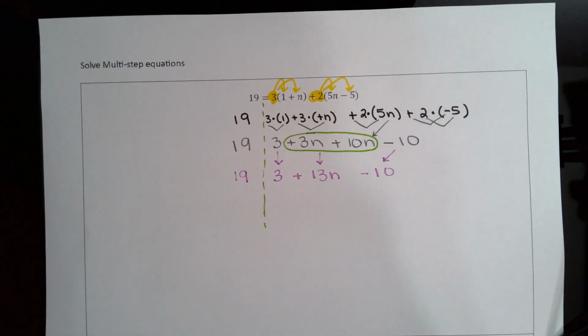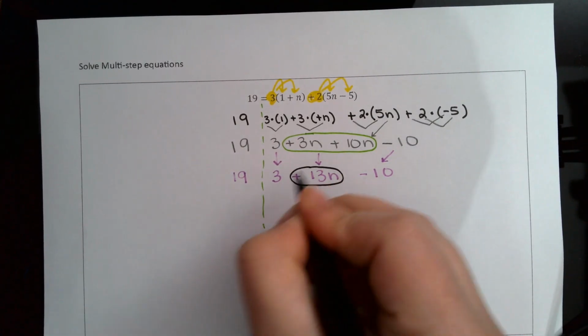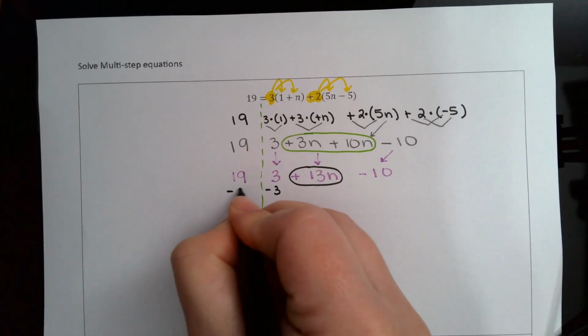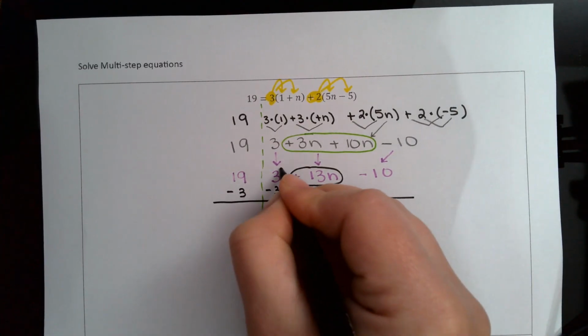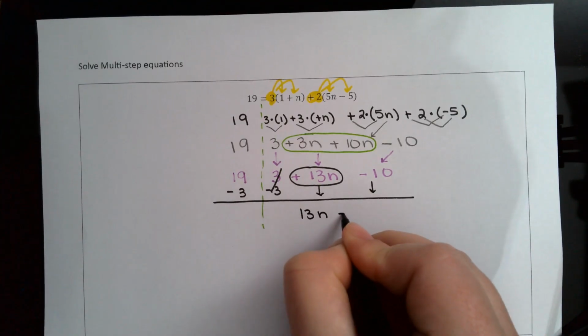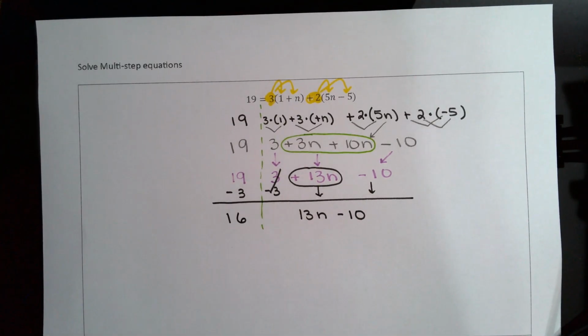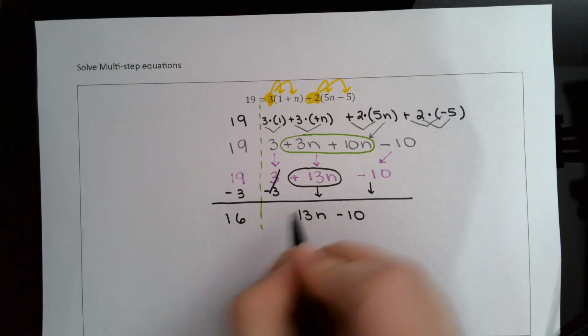So instead of combining the 3 and the 10 together, I can circle the n, subtract 3, copy everything down. We have 16 here, 19 minus 3. And again, circle the n.